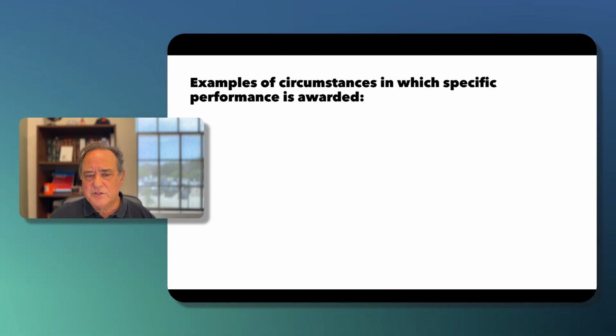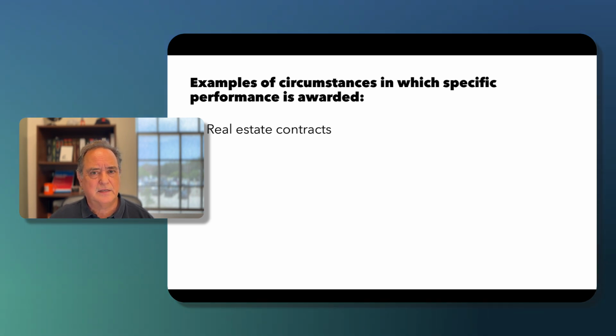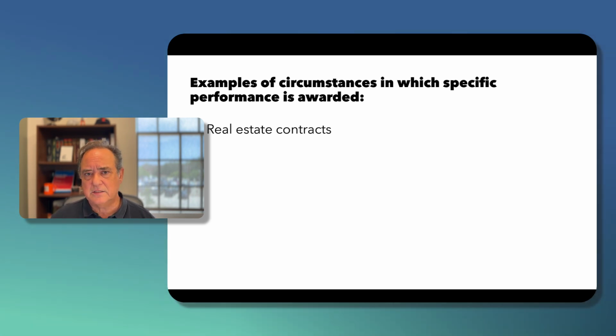Now, where else do we see specific performance? Real estate contracts. Real estate is by its very nature unique, right? There's no other plot of land that is exactly the same as this plot of land. And so in those cases, a court may order specific performance.